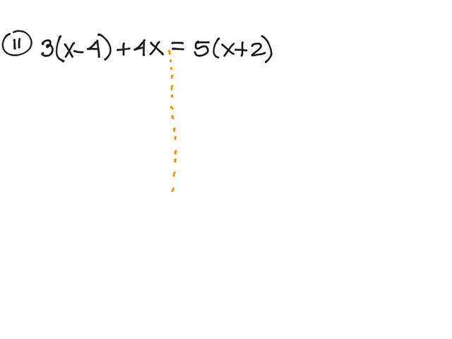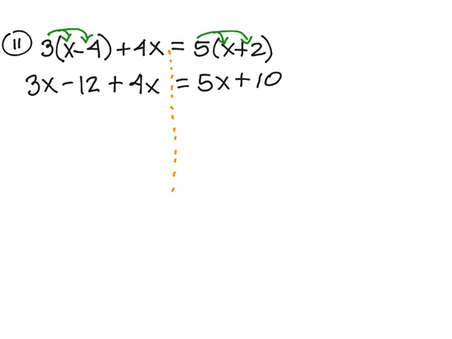11, we have 3, open parenthesis, x minus 4, close it, plus 4x equals 5, open parenthesis, x plus 2. Okay, another equation. Just gave you a little bit more meat in it. We're going to do what first? Distribute. Very good. So we're going to distribute 3 times x, 3x, 3 times negative 4, negative 12, plus 4x equals 5x plus 10.